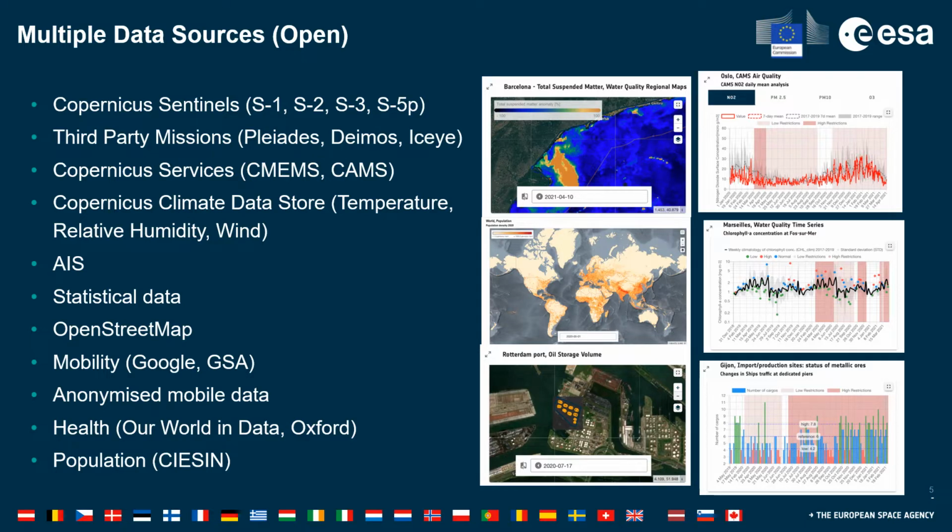For example, you find not only the Copernicus Sentinels and the ESA third-party missions, which I already mentioned, but also data such as population data, statistical data, or even anonymized mobile data.